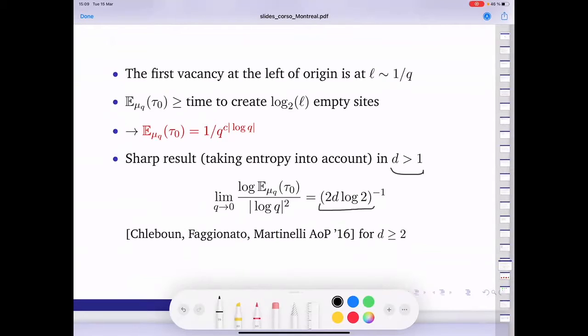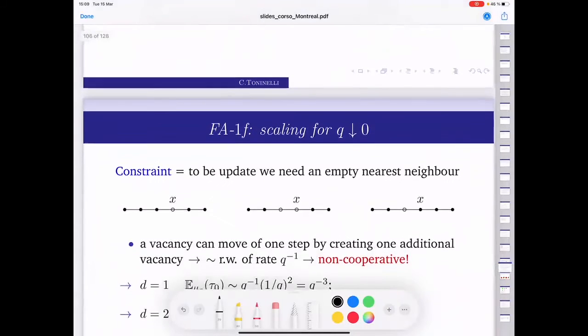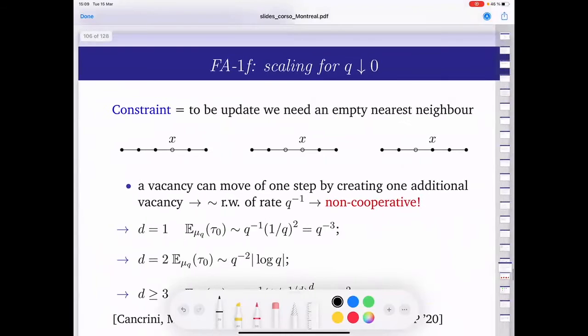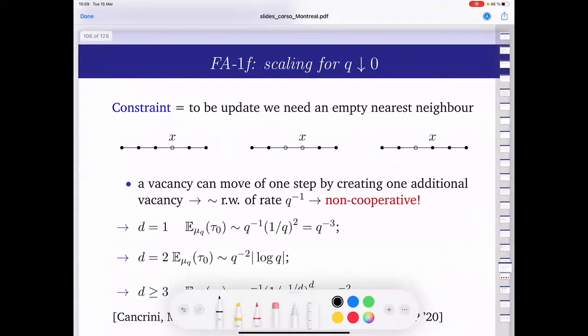And the scaling is always exponential of log q squared, coming from this logarithmic energy barrier, with a different constant which comes from the different entropic factor in the different dimensions. Okay, so that's why there is this scaling for the East model.